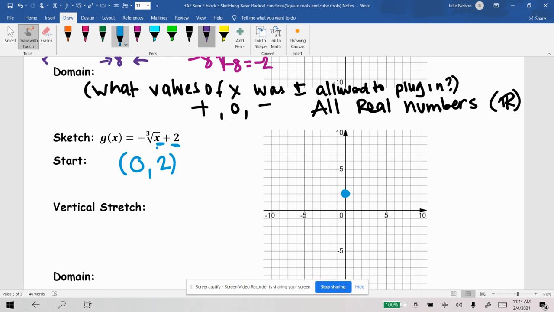My vertical stretch, which is the number in front of this, is -1. And so -1 over 1 means that you're going to go down 1, right 1, and up 1, left 1. Now, this right here is for our second and our third point.